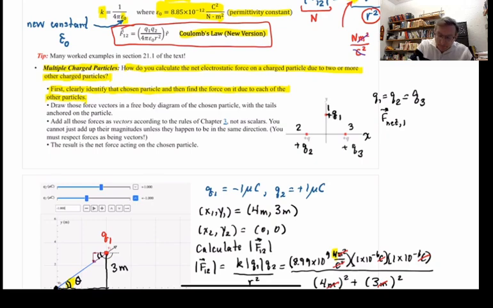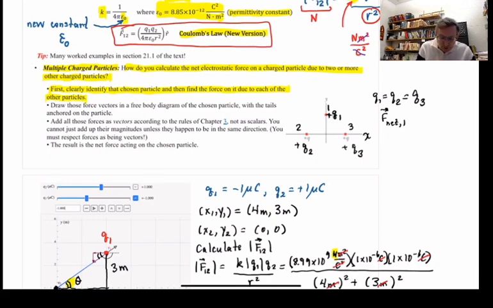What do we do? All right, so we've clearly identified the chosen particle, particle 1. And we're going to find the force on it due to each of the other two. So there's going to be a force on 1 due to 2, and a force on 1 due to 3. We'd have to find those. In this little scenario, I'm going to draw them, sketch them.